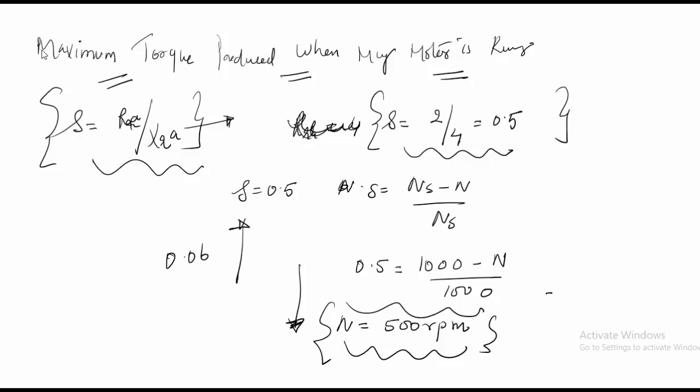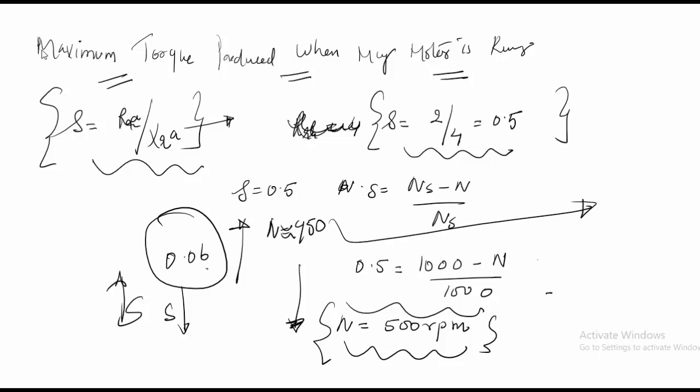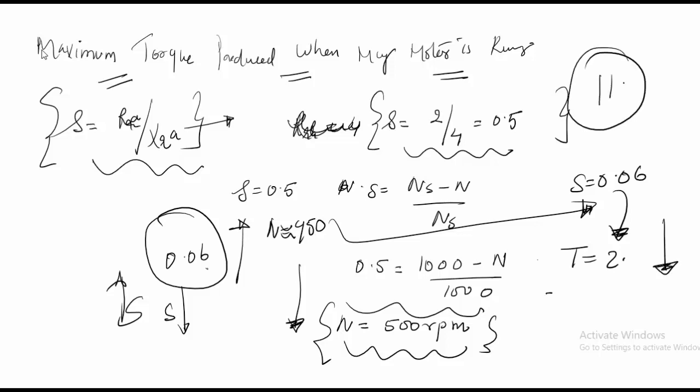So again you can see, as your slip has increased, your speed has reduced. At the slip of 0.06 the speed was approximately 950, and whatever torque was being produced was close to 2 point something. So it was a very low torque, while your starting torque was close to 11.8, which was the maximum possible approximately.